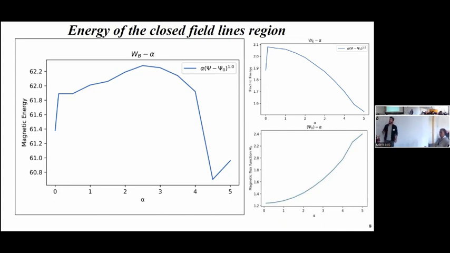What is of interest is that there are magnetospheres with different degrees of twist that may have the same magnetic energies, like for a magnetosphere with a toroidal current in the region of the closed magnetic field lines, for A equals 2 and A equals 3.5. These two have different twist but the same magnetic energy. I will try to give an explanation for this plot at the end of this presentation.